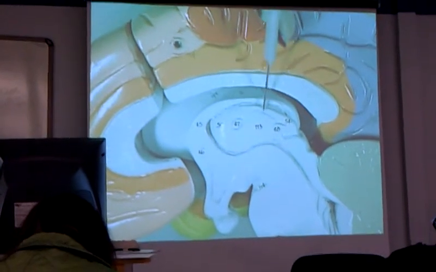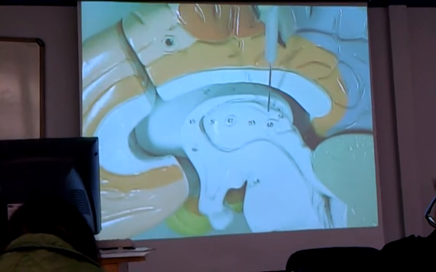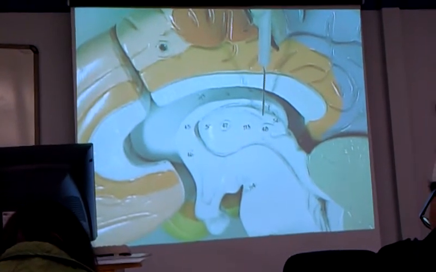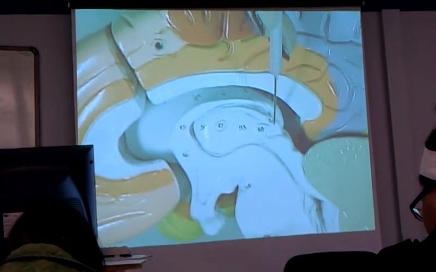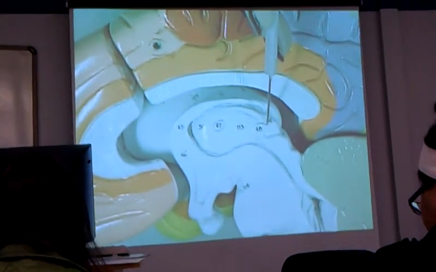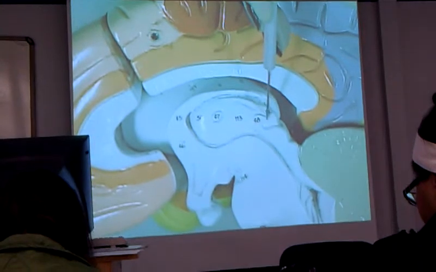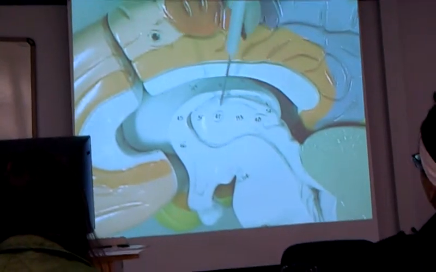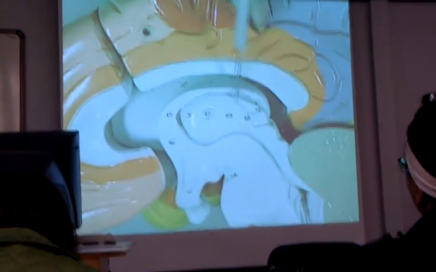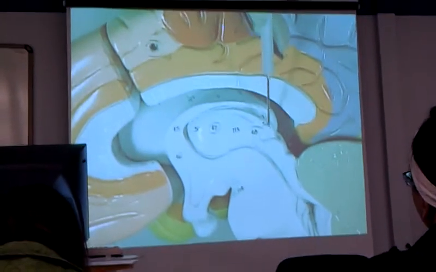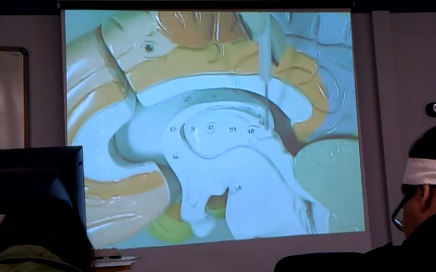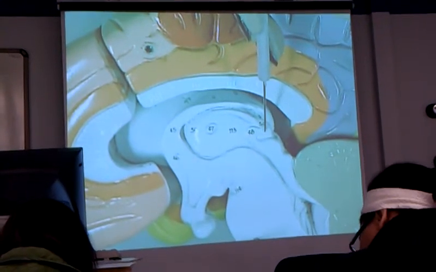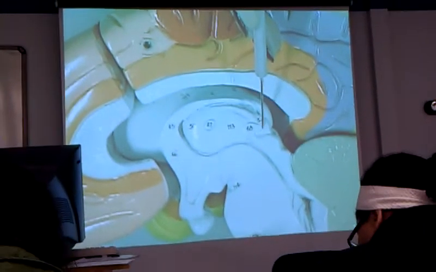And then I'm going to jump ahead. At the end of the choroid plexus, there's this little kind of a roundish structure. That's the pineal gland. Then you follow it down, looks like a little blob at the end. That's the pineal gland.